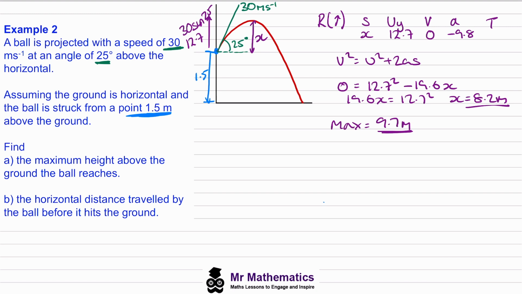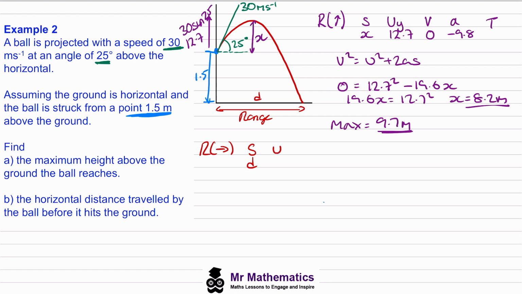Okay. And for part B, the horizontal distance travelled by the ball before it hits the ground, well, this will be our range. So if we look at resolving horizontally to find our range, so we know the displacement, I'm going to call d now for distance. I've already used x.